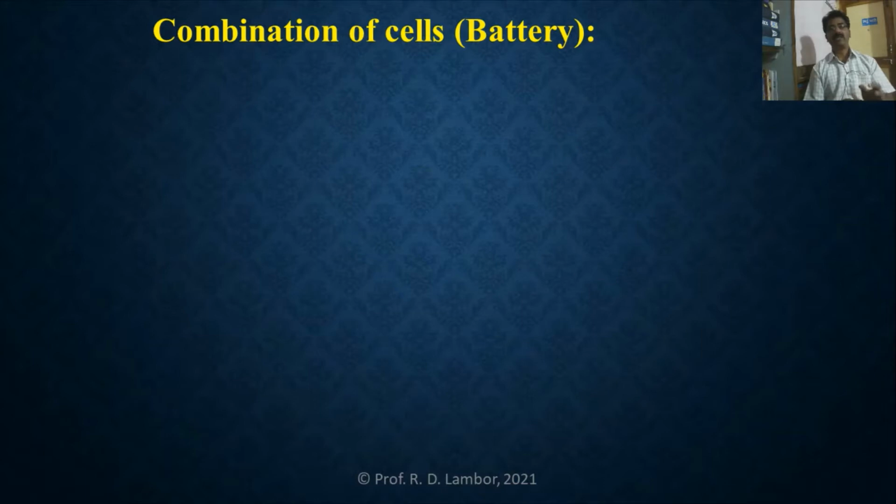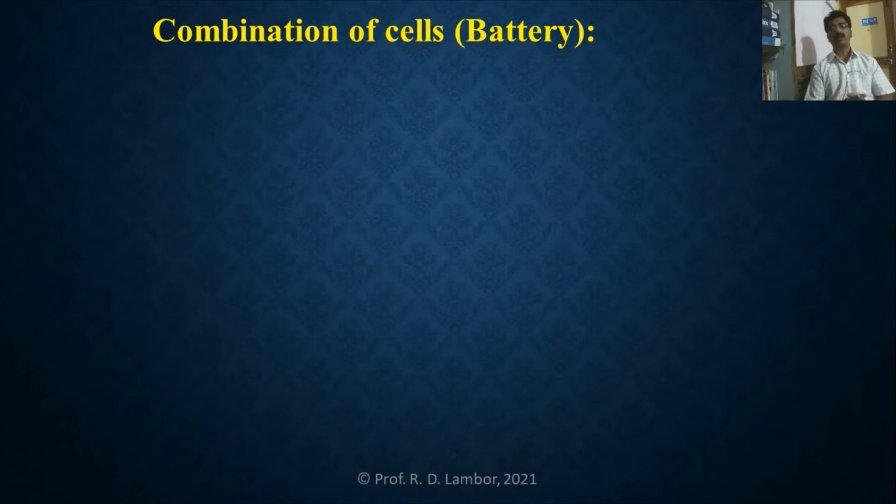When the cell is in an open circuit, EMF and terminal PD are equal. While under the charging process, when the cell is charged by an external power supply, the EMF of that cell is less than the potential difference or terminal PD.